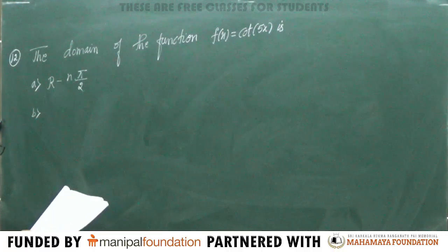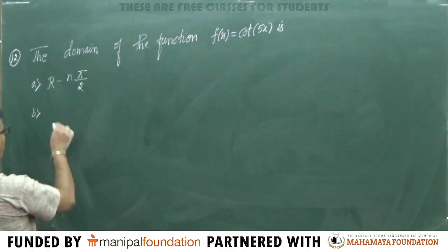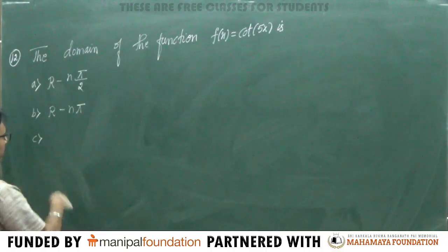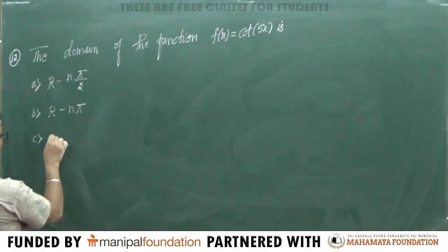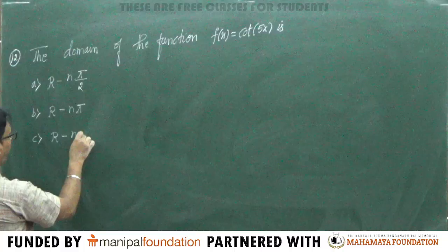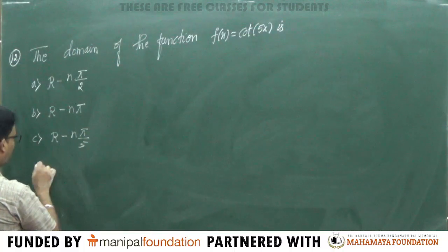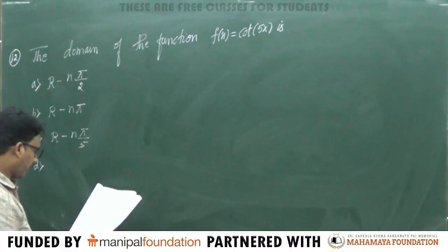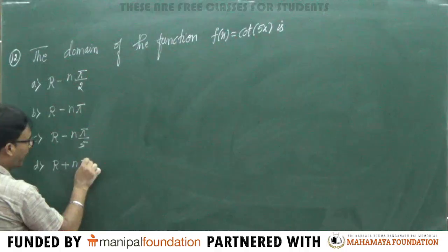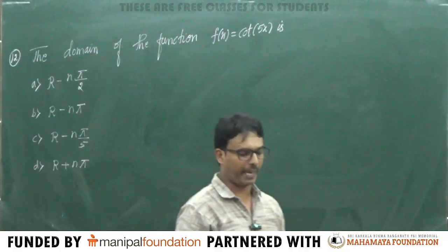Option B, set of all real numbers except integral multiples of the angle pi. Option C, set of all real numbers except integral multiples of the angle pi by 5. Option D, set of all real numbers plus integral multiples of the angle pi.